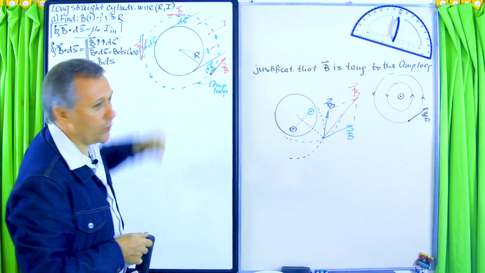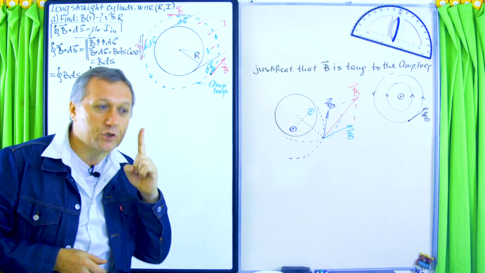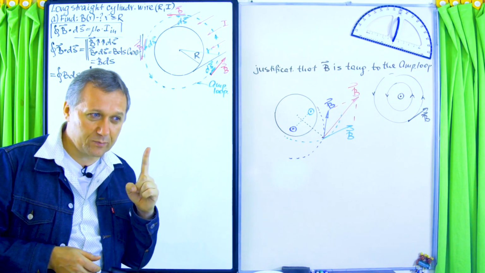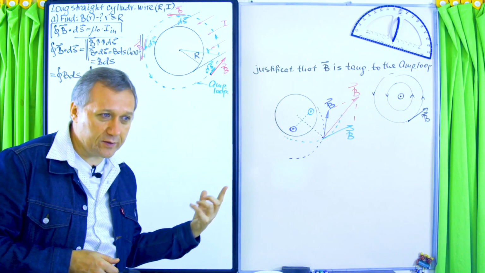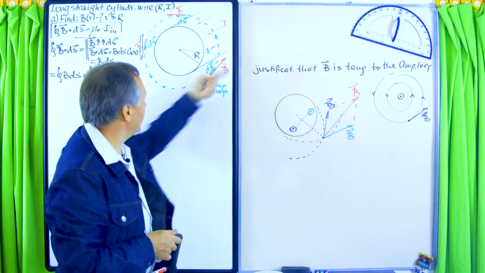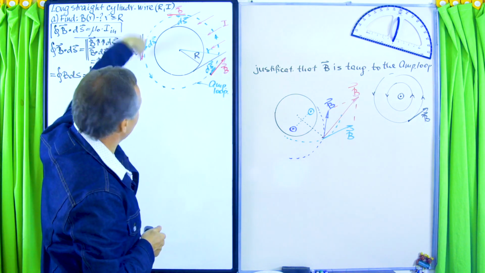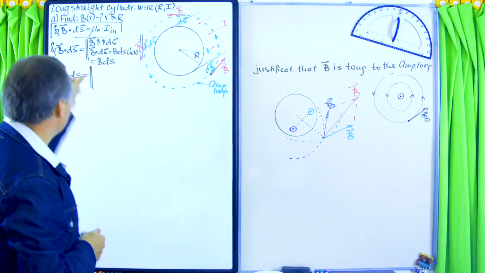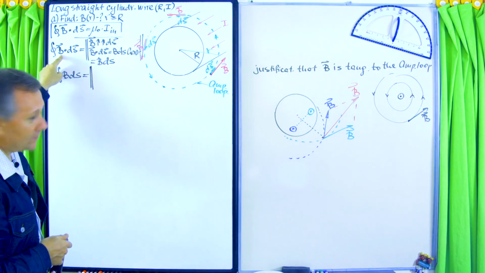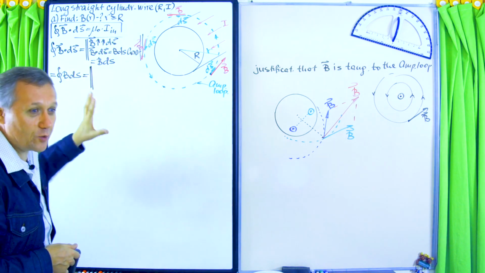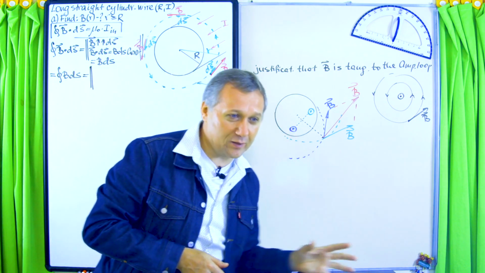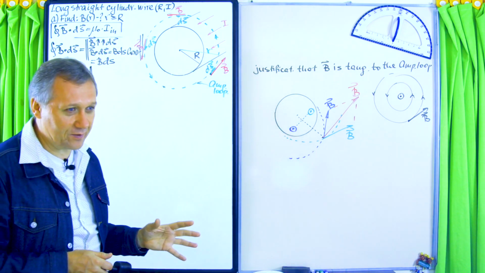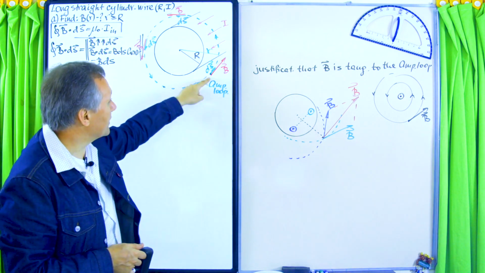Or any other point. Its magnetic field strength will be the same, but the magnetic field vectors are not going to be the same. They have different directions. Here the magnetic field points that way, here this way, here that way. But since we already managed to get rid of vectors, we need to look only at the magnitudes of the magnetic field, and magnitudes will be exactly the same.